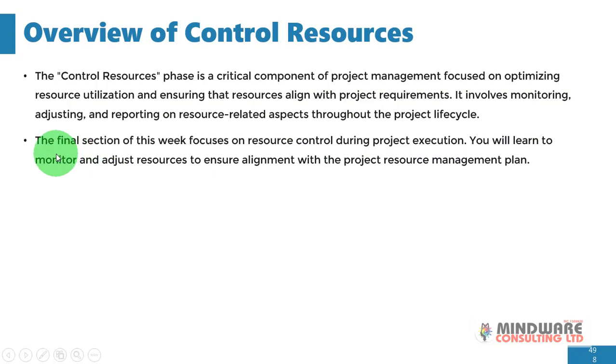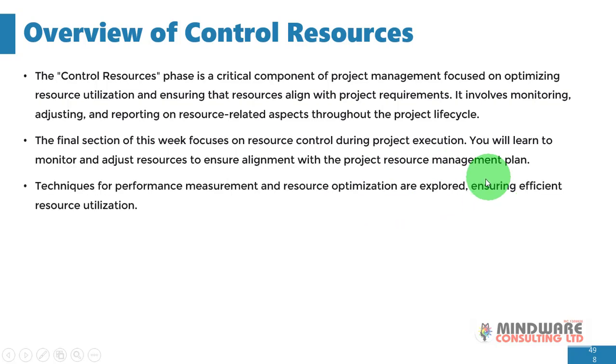This final section focuses on resource control during project execution. You'll learn to monitor and adjust resources to ensure alignment with the project resource management plan. The techniques for performance measurement and resource optimization are explored, ensuring efficient resource utilization.